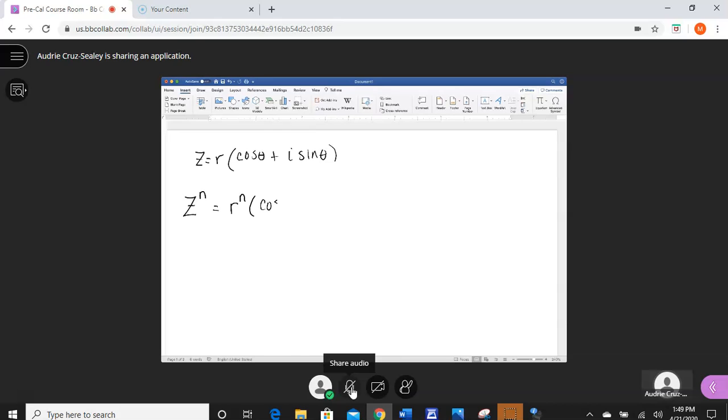And then you're going to multiply your angle by n. And that's it. That's all you do. And of course, you can change it to complex if you need to, but that would be the answer. We okay?